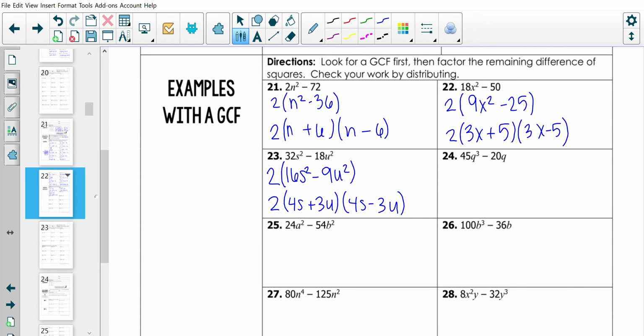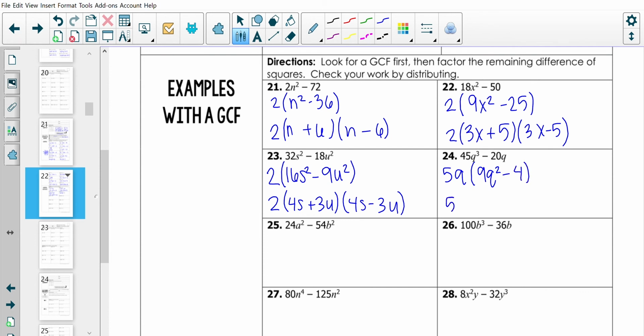On 24, I can take 5 out, and they both have q as a variable, so I can take 5q out of that binomial. So I'm left with 9q squared minus 4.